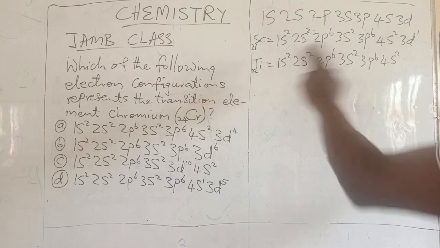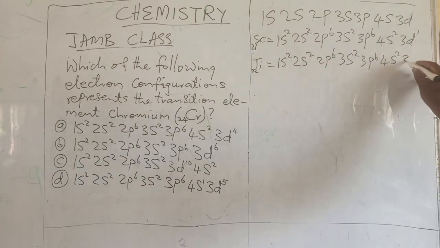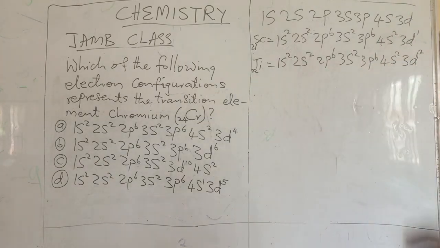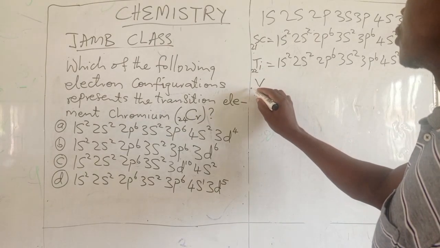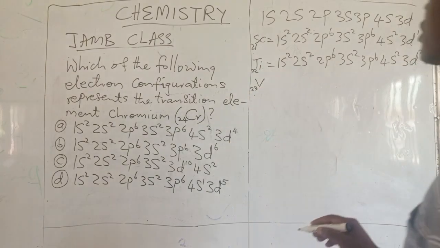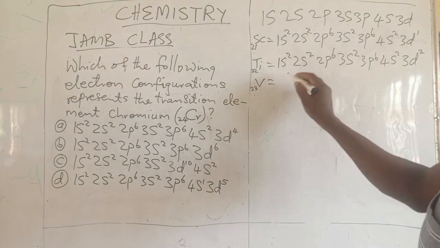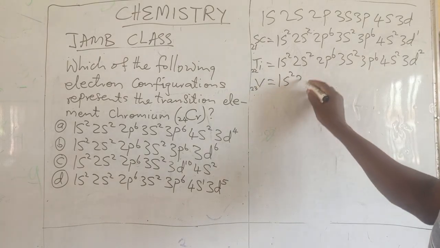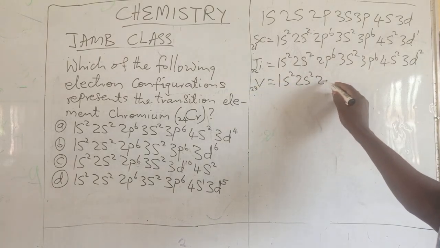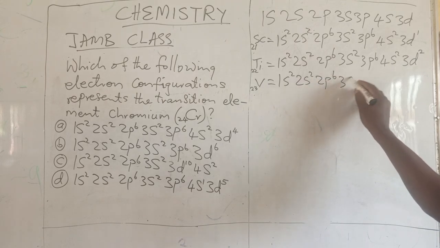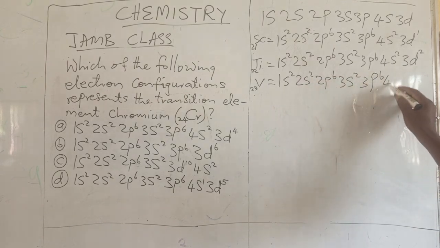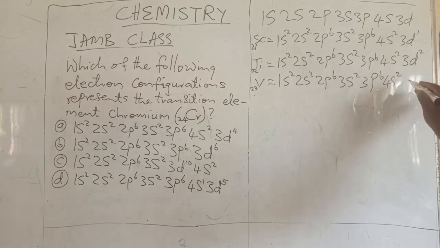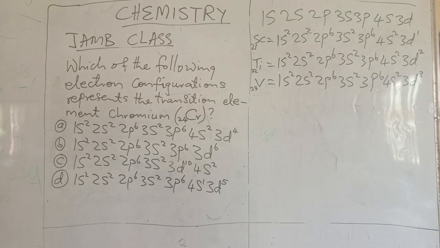This is 22, so 2 are left. 3d2. Vanadium, 23. You have 1s2, 2s2, 2p6, 3s2, 3p6, 4s2, 3d3.